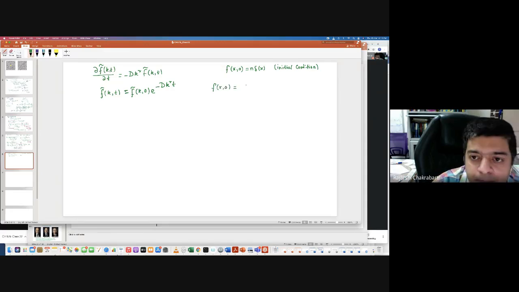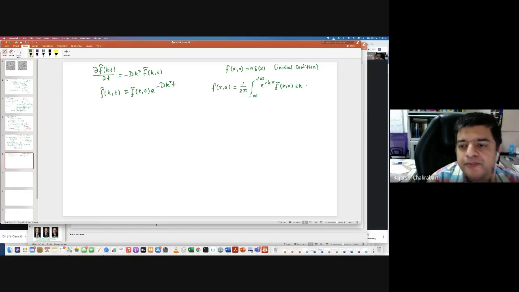What will be the answer? It is 1 by twice pi, written as a Fourier integral. Is this fine? I just had the expression with time t. Now I replace t with 0. Should be fine, no?